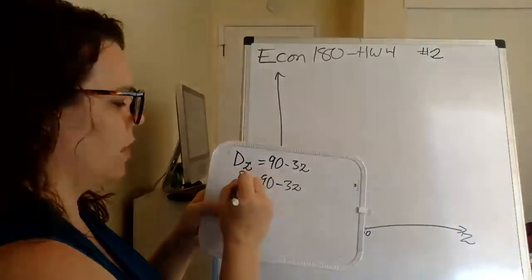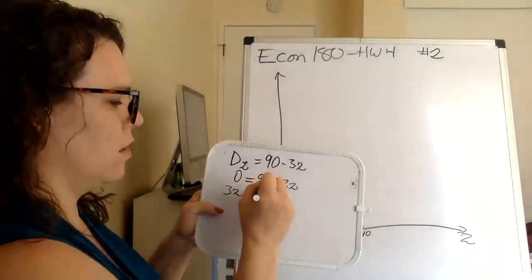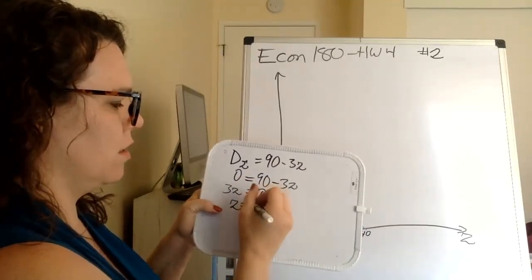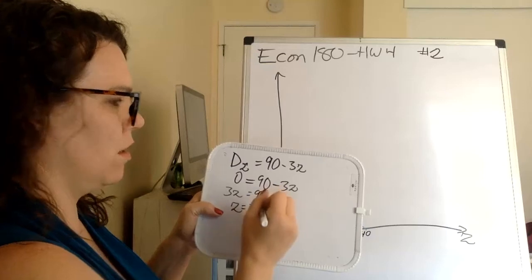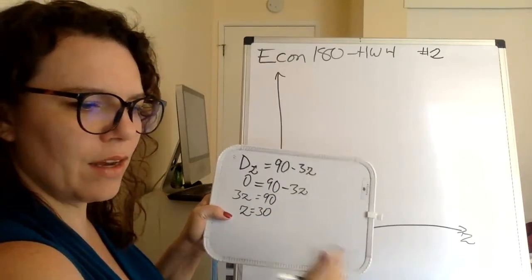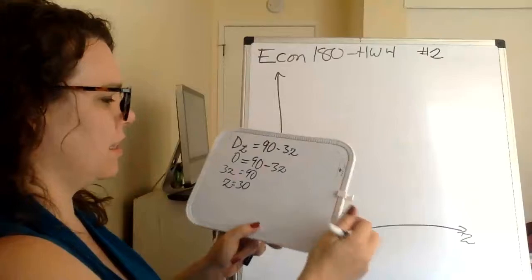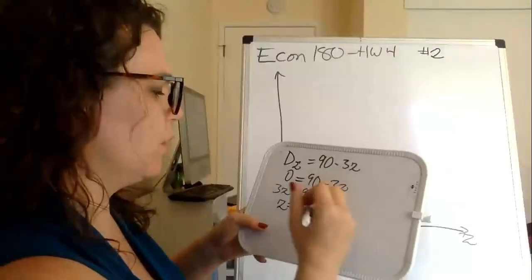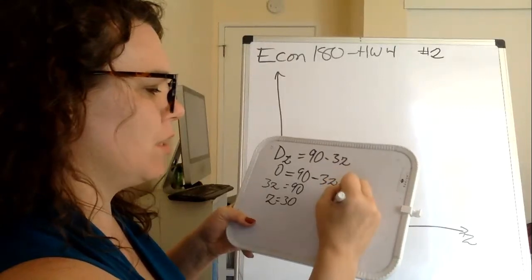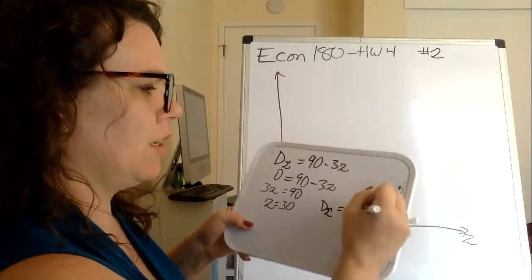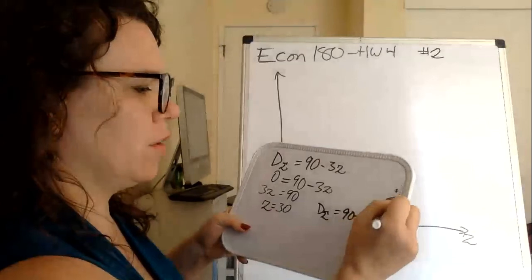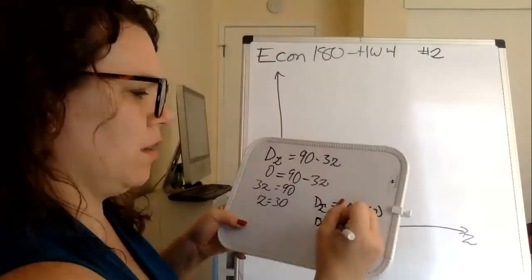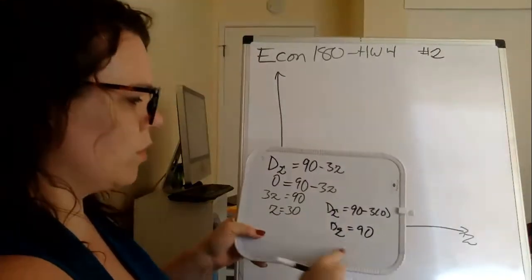Add 3z to both sides, and then divide by 3, and I get 30. On the other hand, if I set z equal to 0 instead of d, then d summation is equal to 90 minus 3 times 0, or d summation is equal to 90. So those are my two endpoints.